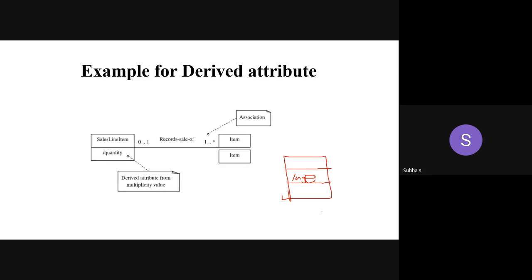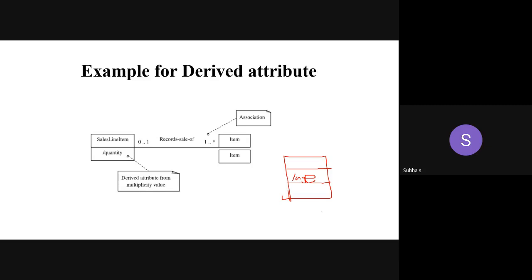If I don't mention the slash symbol, it will be treated as an ordinary attribute only. For the description class, there is no separate notation at all. You just make it a separate class with the name description or DESC, for our identification only. But here, all the derived attributes are prefixed with the slash symbol.